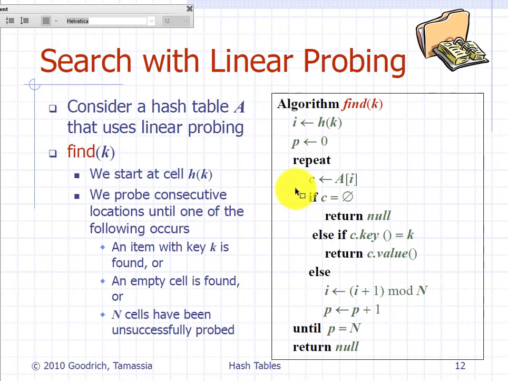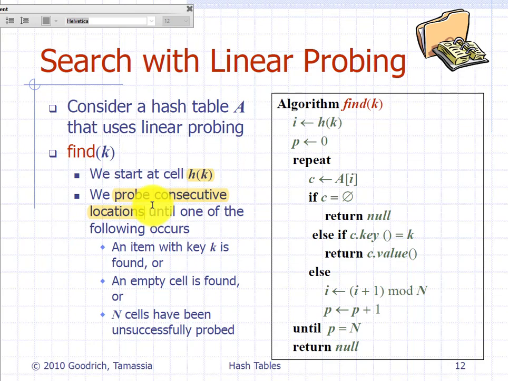So this is how we can find items having hashed them using linear probing. Well, with finding items, it's not difficult. Here's an algorithm that shows you how to do it, but all you have to remember is you find the hash value h(k), you go to that value, and if you don't find it there, you simply probe: you look at consecutive locations until you find it.